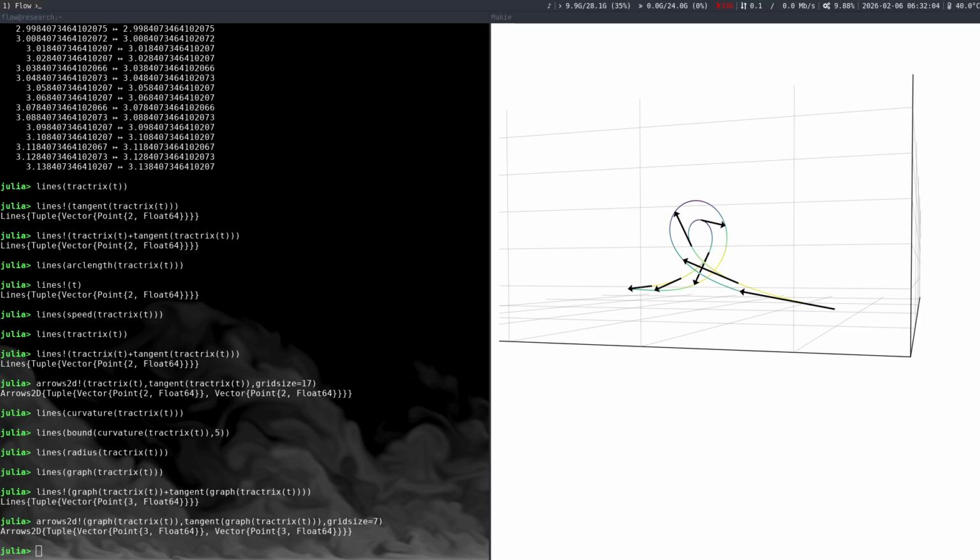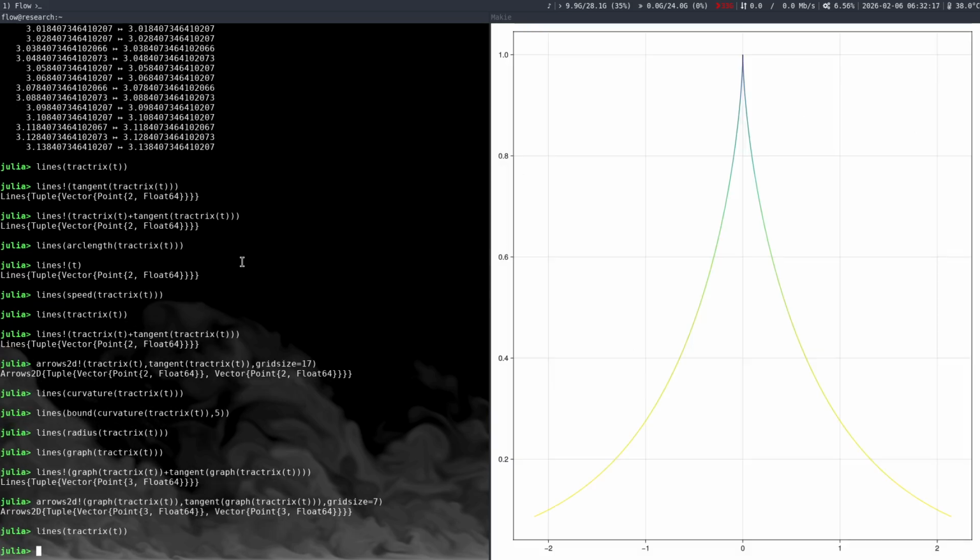There's, you know, a bunch more functions available. We can also visualize, particularly for the tractrix, we can plot the evolute.